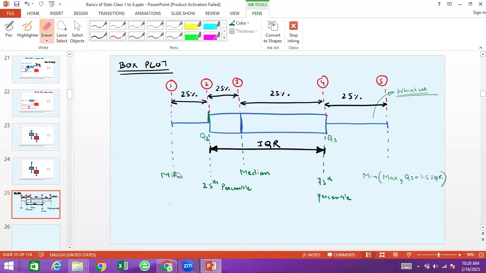Similarly, here, let's not call it a minimum. It will be the maximum of the minimum value. If the minimum value is bigger, then I will take that, or Q2 minus 1.5 times IQR.